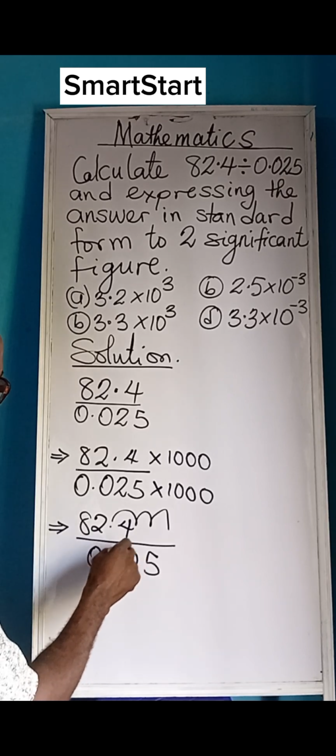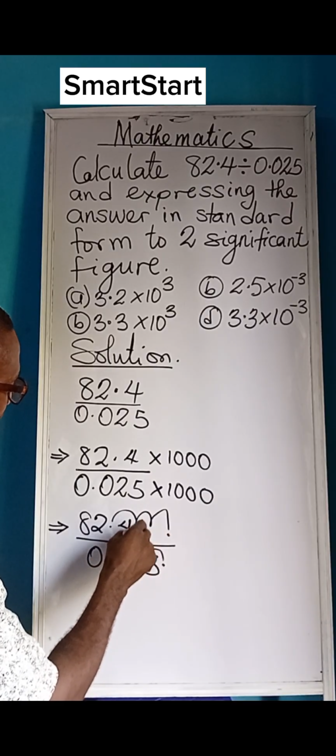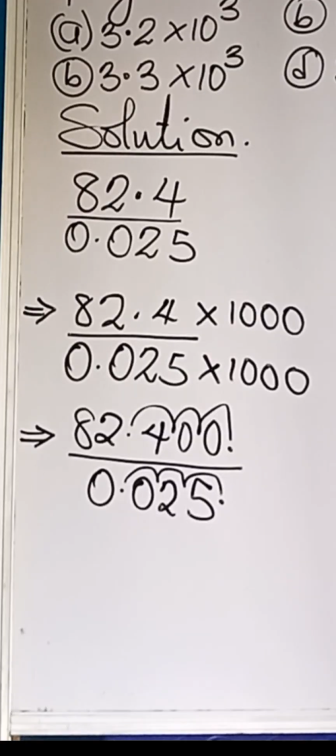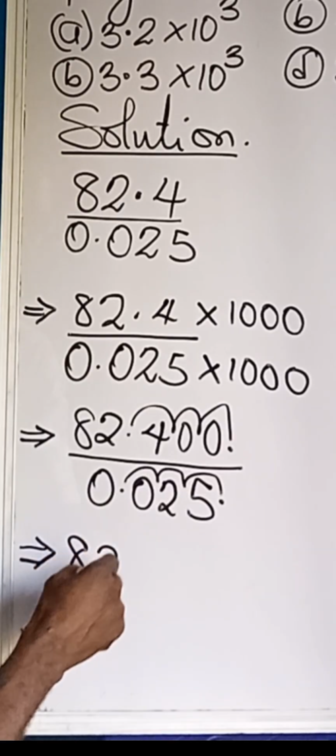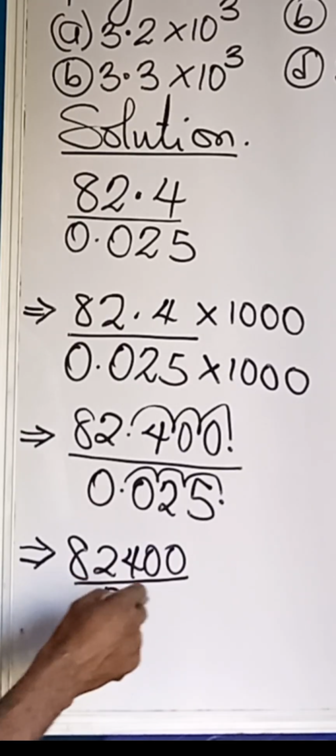You have 1, 2, 3. Decimal point has come here. This place says that do not have anything. You join 0. So we have 82400 over 25.